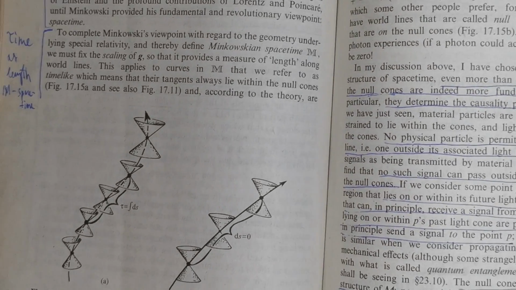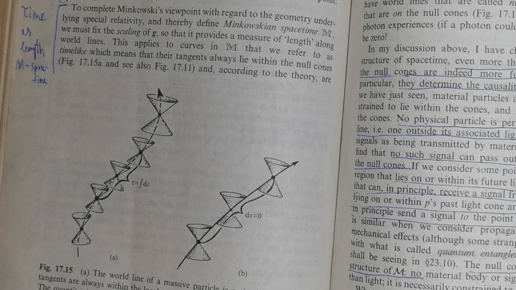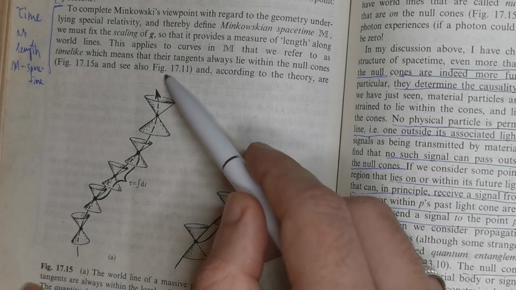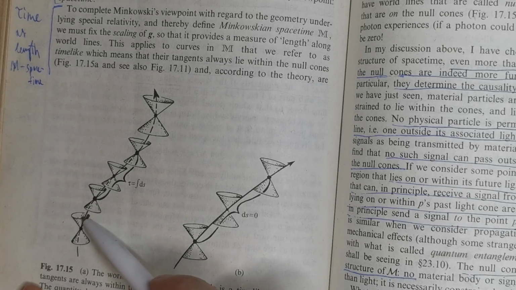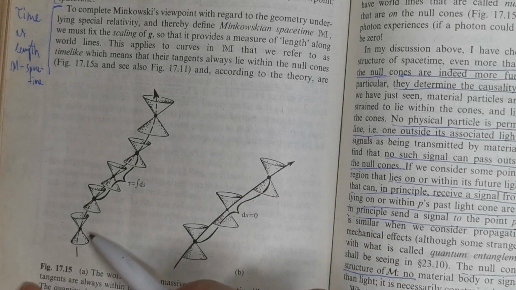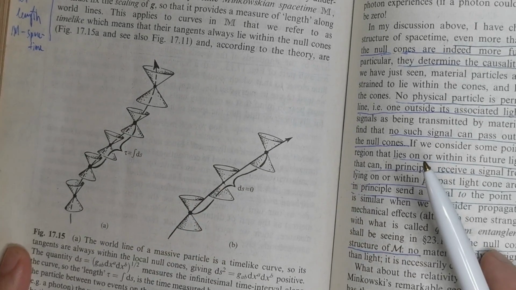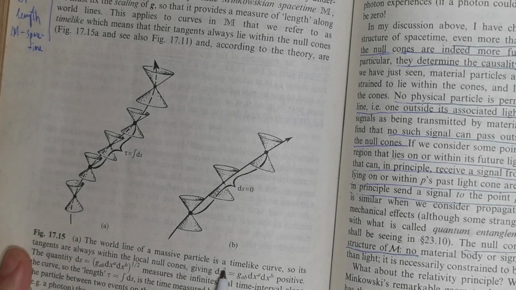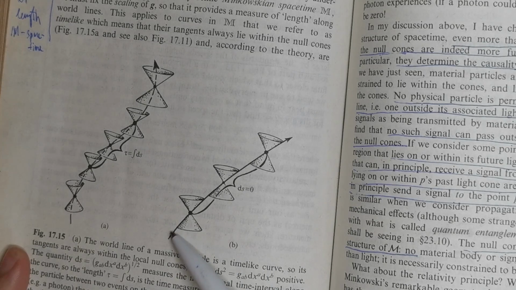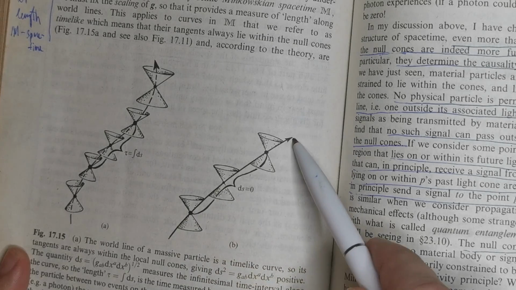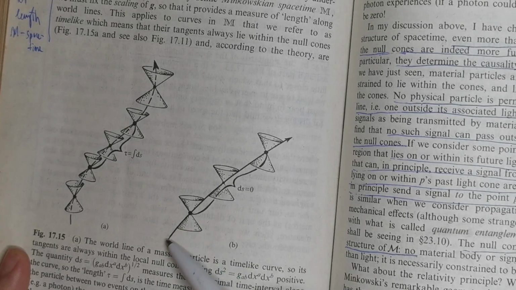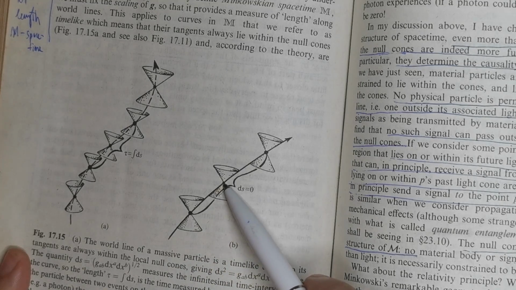Yeah, and basically he demonstrates it here on the picture, where he shows that while a particle is moving through the space-time, its world line should be inside the null cones at every point here. And he says that this world line is called a time-like curve, and if you have a photon traveling with the speed of light here, then this interval, our metric, will be equal to 0 exactly, and therefore it will be tangent to the null cones everywhere.